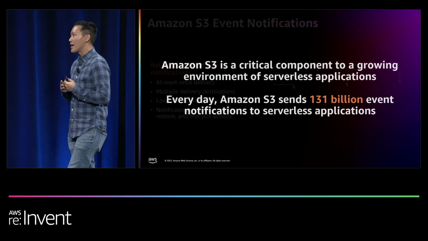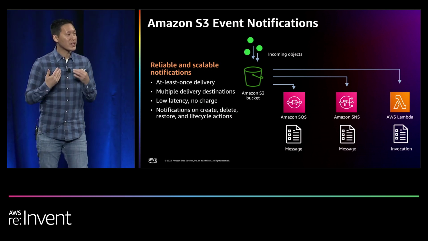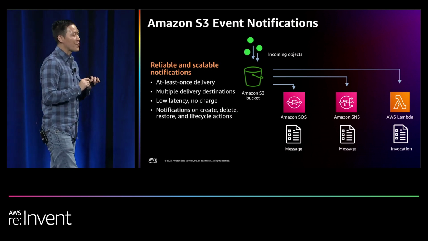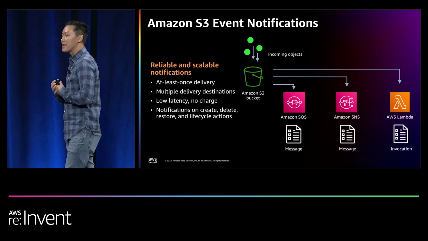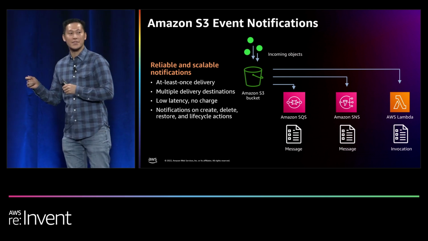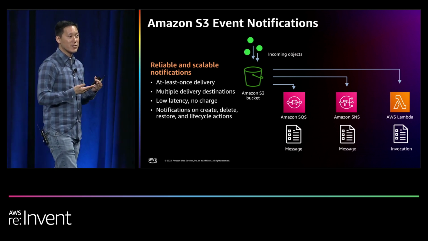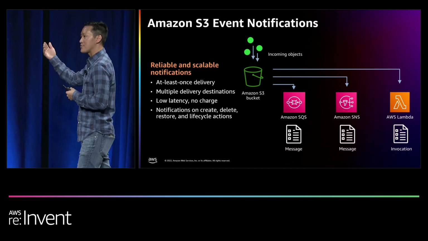So you might be asking, all right, this S3 event notification, that sounds great. What do I actually do with that event notification? So a couple things to think about is, with this event notification, it is an at least once delivery of that event. So the idea here is, when you're developing your applications, if you're a developer, you need the ability to handle multiple duplicate events. So for example, there's a put object event.